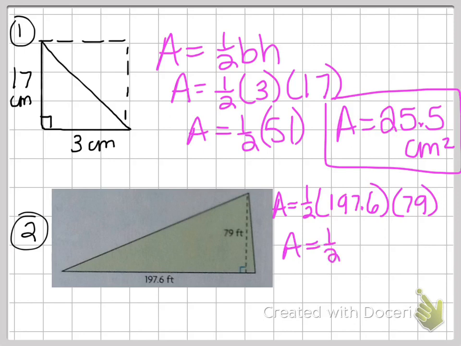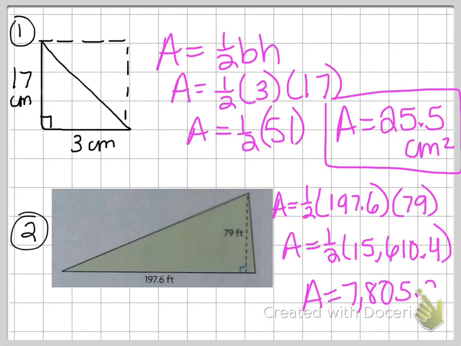So half times 15,610.4. How nice is that? Times half, so area equals 7,805.2 square feet.